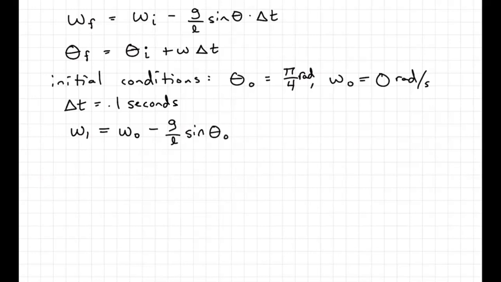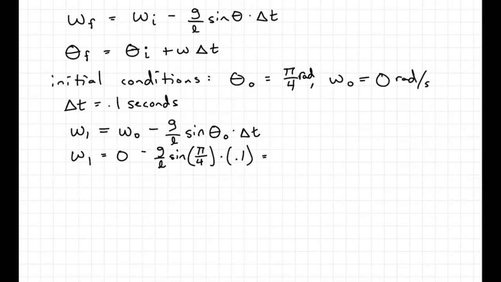That's the value of theta that I have, and I'm just assuming that sine theta stays constant over this time step, times the time step delta t. So omega naught is 0. So this is 0 minus g over L sine pi over 4 times 0.1.